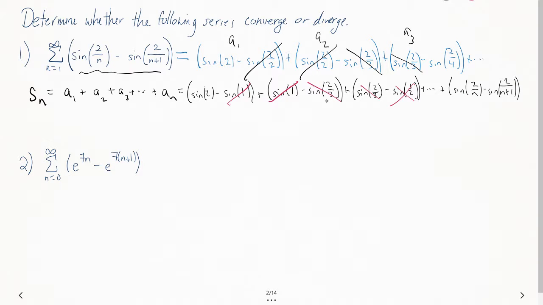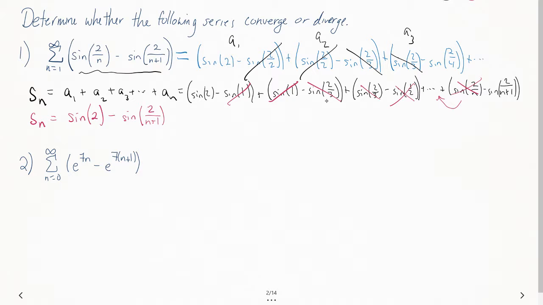Also, the previous term right before sine of 2 over n plus 1 would be sine of 2 over n, so that cancels, but the 2 over n plus 1 is left alone. So a simplified format for these partial sums is just sine of 2 minus sine of 2 over n plus 1.